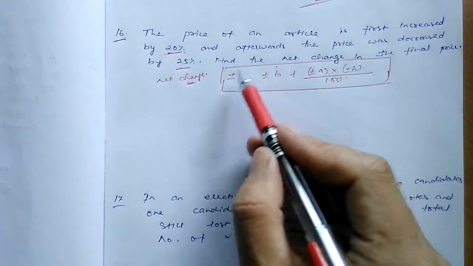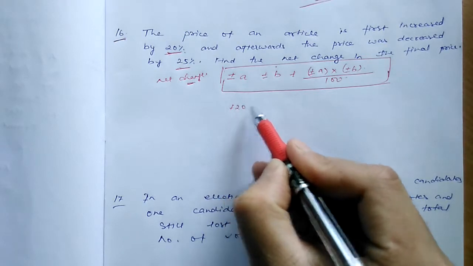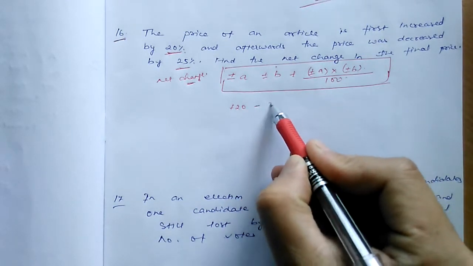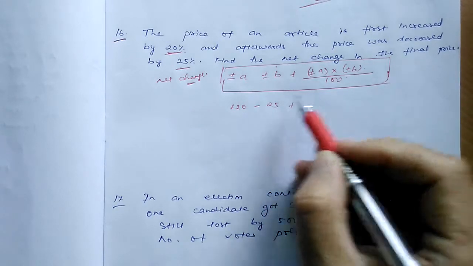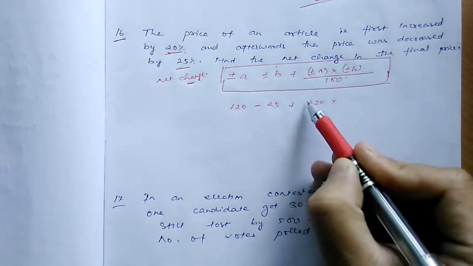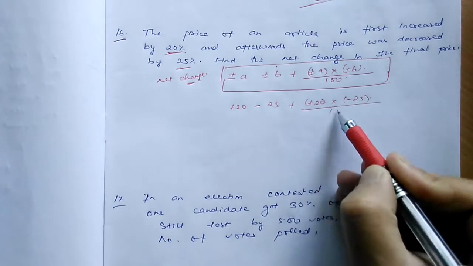So first there is an increase of 20%, so plus 20. Second, there is a decrease of 25%, so minus 25, plus A, that is the increase, into minus 25, that is the decrease, divided by 100.